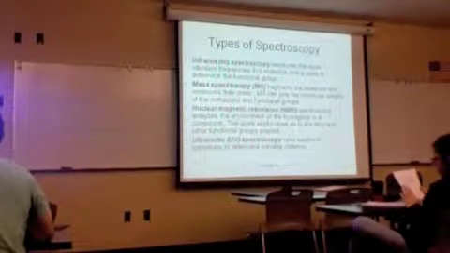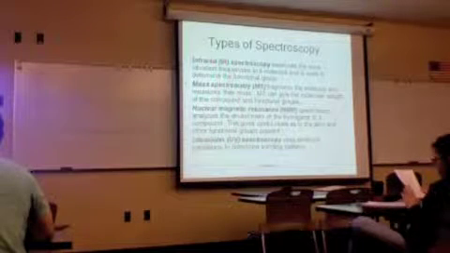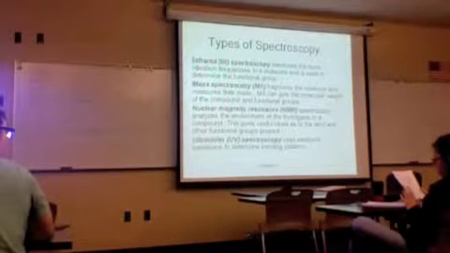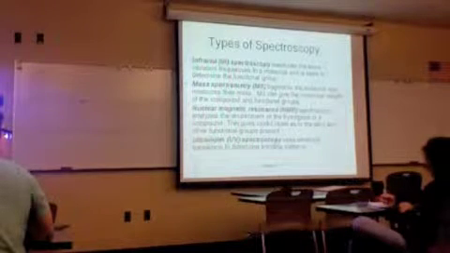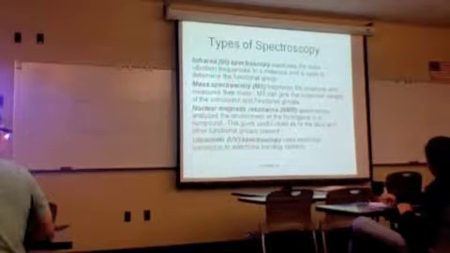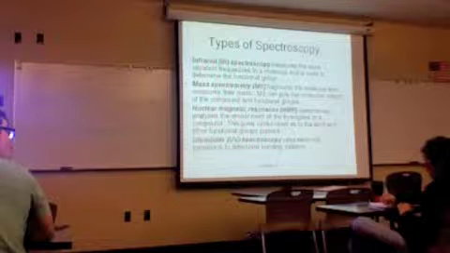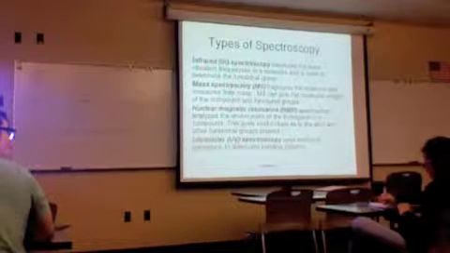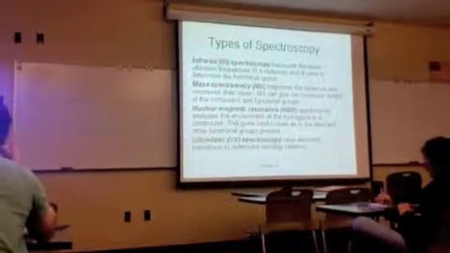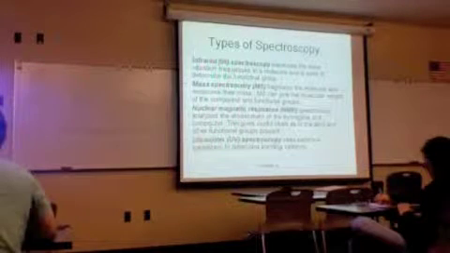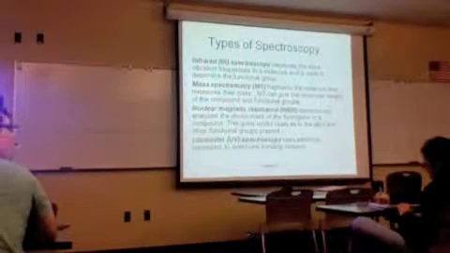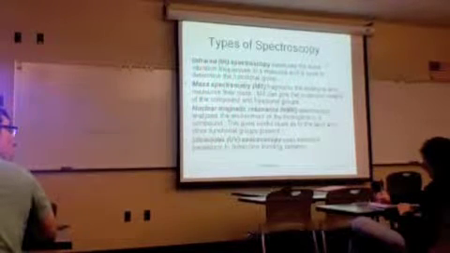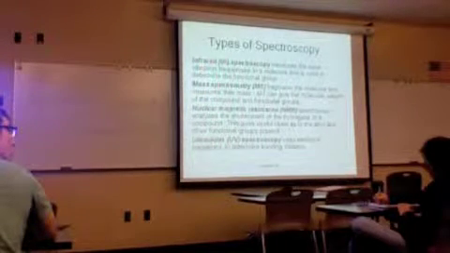It turns out, what does infrared do to a molecule? Causes it to vibrate. Causes bonds to vibrate. And it turns out that the energy that is required to cause a bond to vibrate is based on the bond energy itself. So a carbon-carbon single bond will vibrate at a certain energy. A carbon-carbon double bond will vibrate at a higher energy because it's a stronger bond.